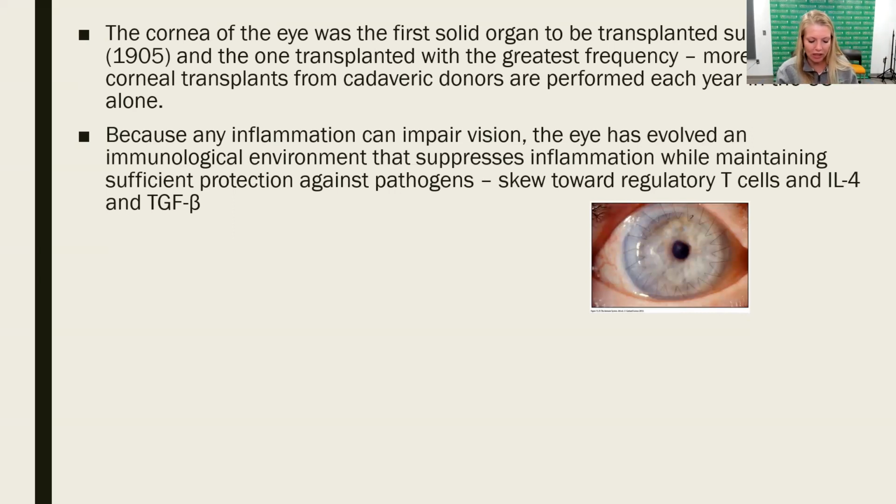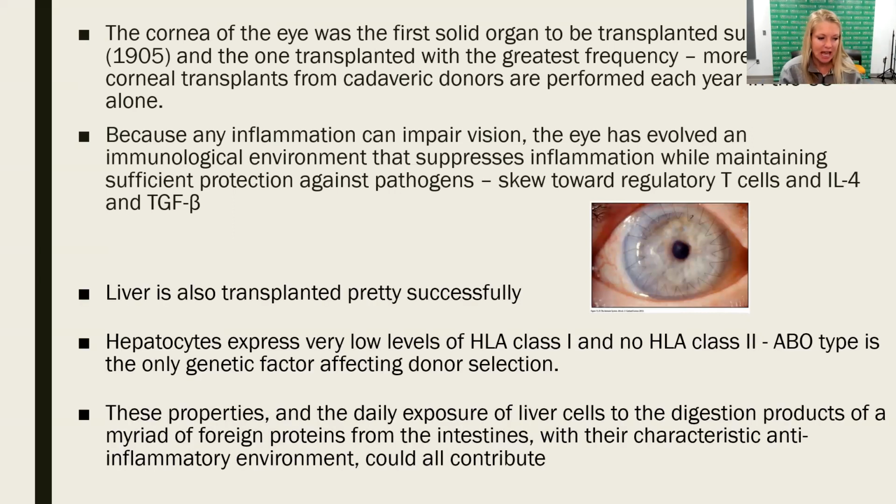Another similar organ that's transplanted often and with high success is a liver transplant. This is because liver cells actually express a much lower amount of HLA class 1 and 2 molecules. When a liver transplant is done, yes, tissue typing can be done, but the matching doesn't have to be as strict.